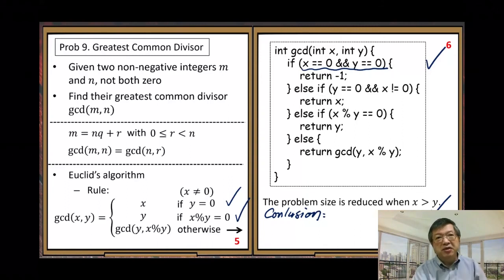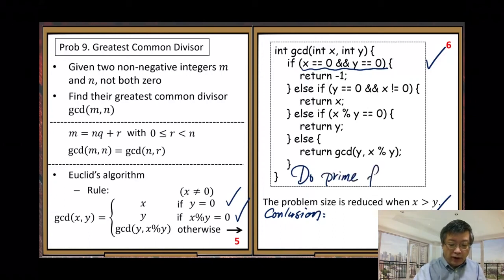Here, let me give you some critical background knowledge. After you have that critical background knowledge, then you can get the answer easily. So what's that critical background knowledge? Prime factorization.